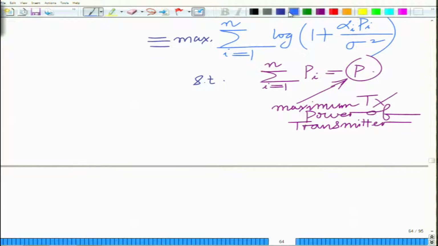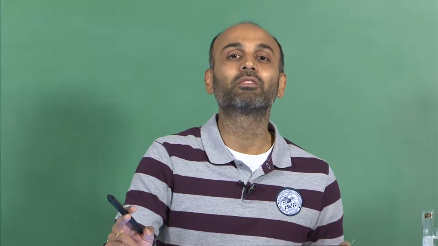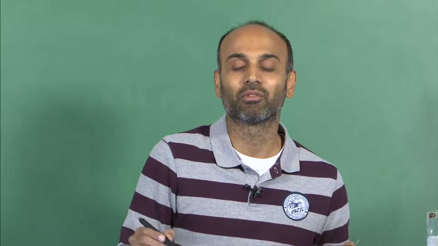Subject to the constraint, the sum of the powers across all the channels has to be P, that is the maximum transmit power, and in addition, remember it is a power, so power has to be non-negative, which means each P i has to be greater than or equal to 0.